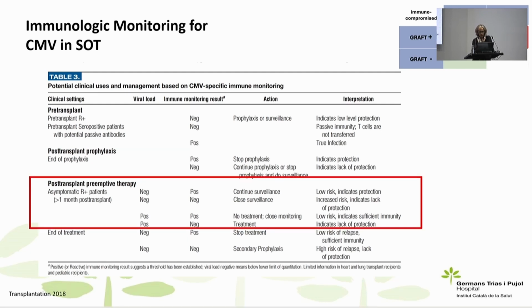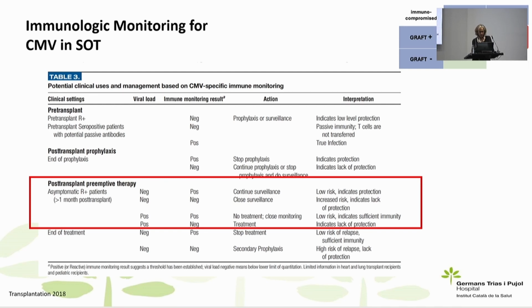If we go to another setting, the post-transplant preemptive therapy, that means that we don't use any prophylaxis, but we are making a close monitoring of the patient. And in this monitoring, we combine the PCR CMV monitoring and the CMI.